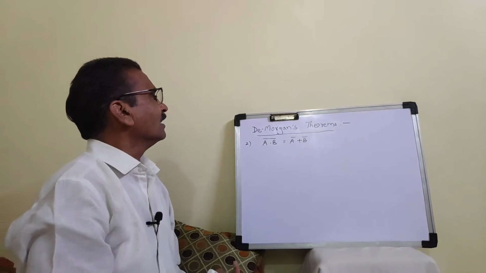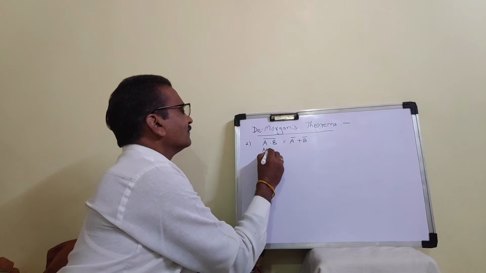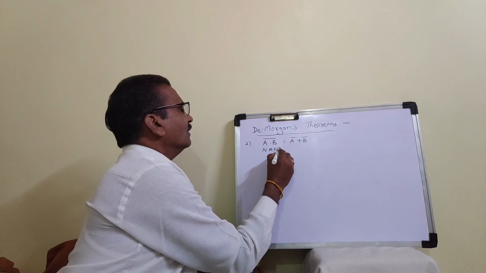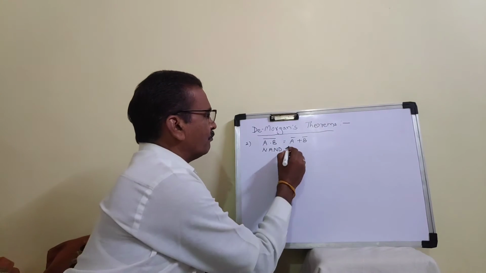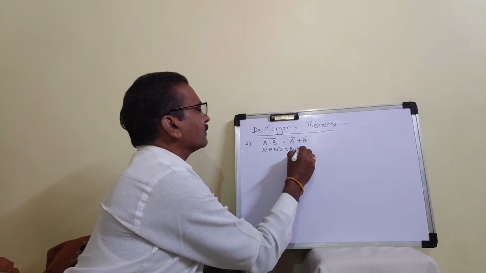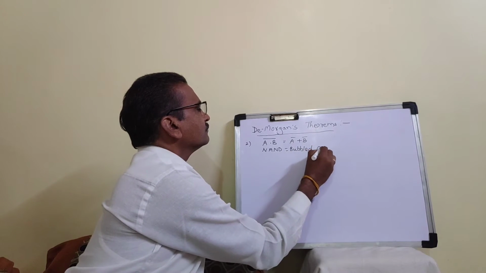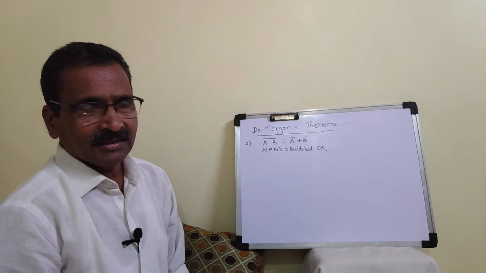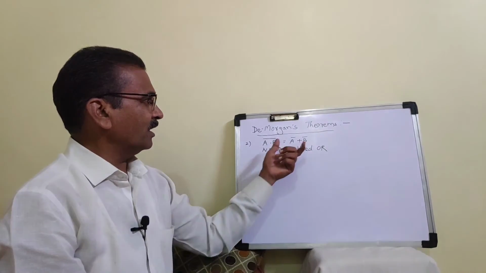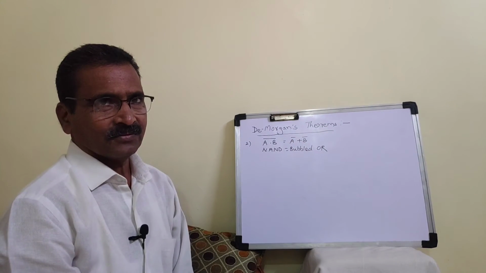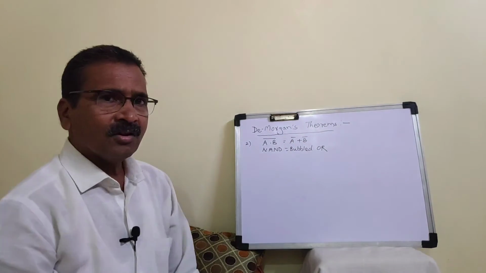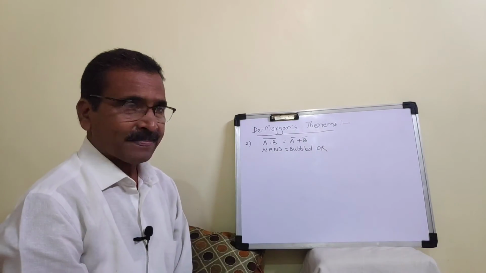That is, NAND gate is equivalent to bubbled OR gate. NAND is equivalent to bubbled OR gate. Clear?